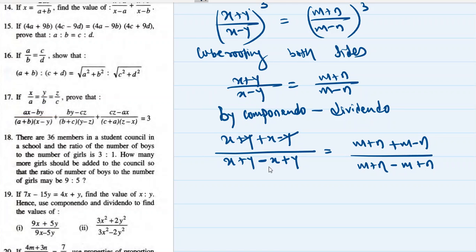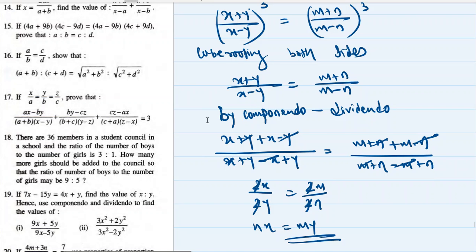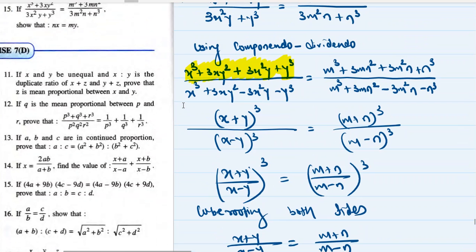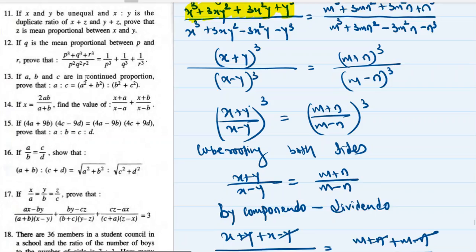Minus y plus y gets cut, minus x plus x gets cut. Same way over here, you get 2x by 2y equals 2m by 2n. So nx is equal to my. Proved.